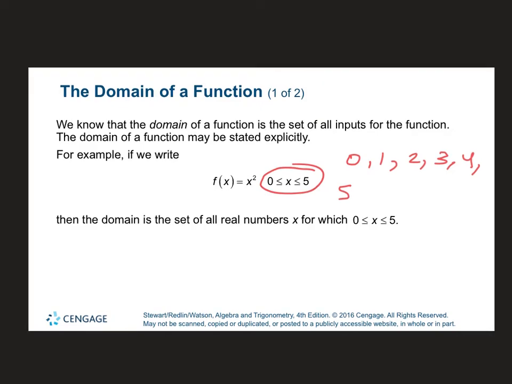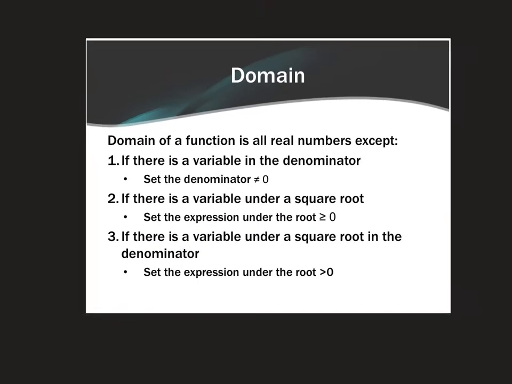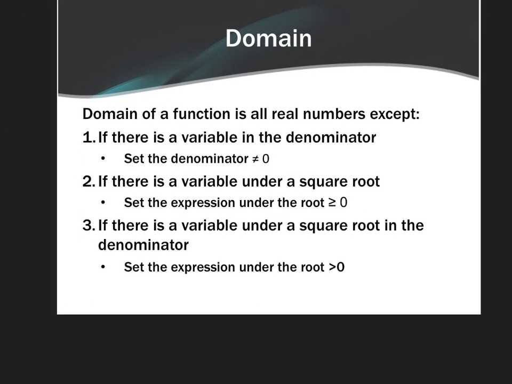If they don't give you the domain, there are some rules that we have to follow. This is a very, very, very important slide. A lot of times, if you have just an equation that doesn't have any of these three things, your domain is all real numbers, meaning you can plug in anything you want, a negative, a positive, or a 0, and get some sort of an answer out.